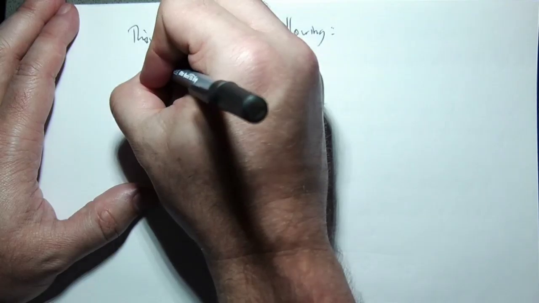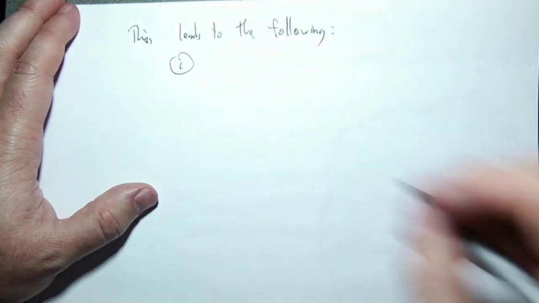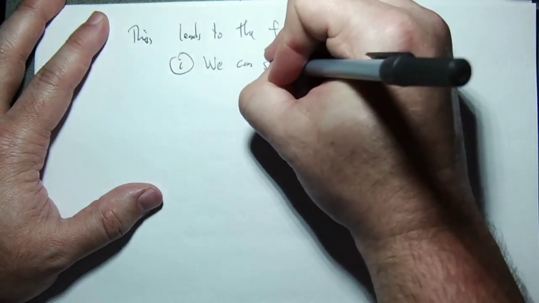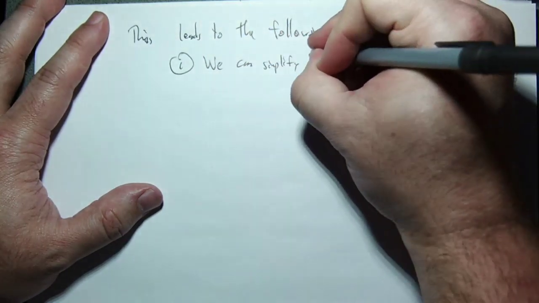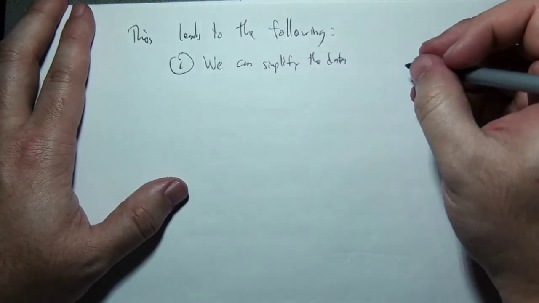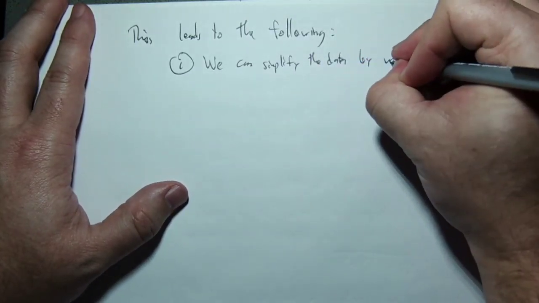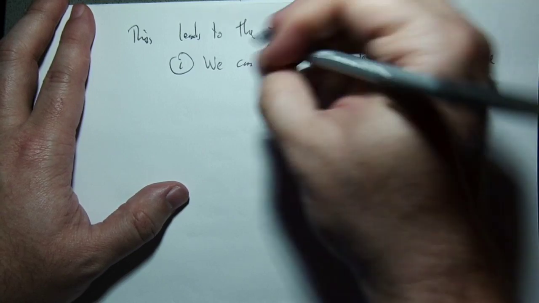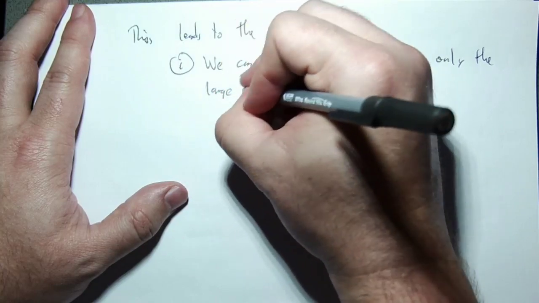So firstly, we can simplify the data by retaining only the large singular values. Why is that?